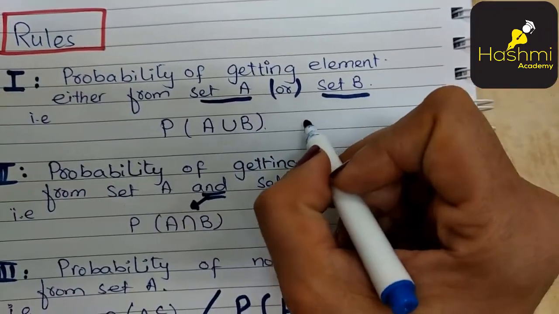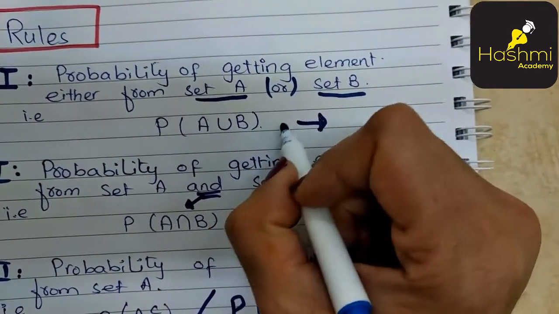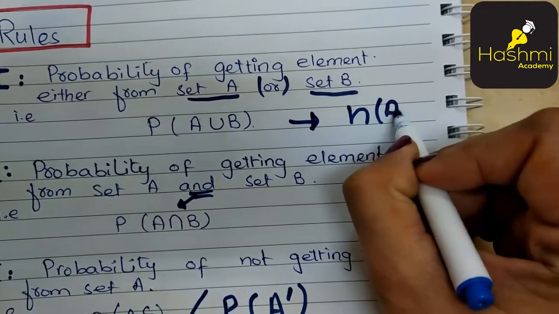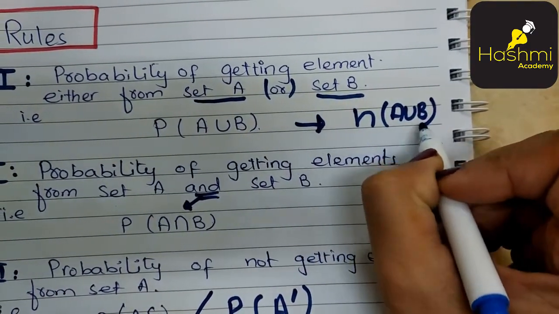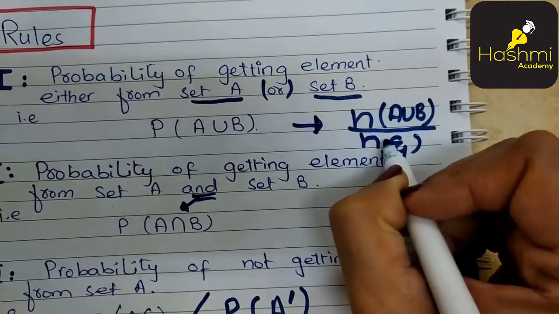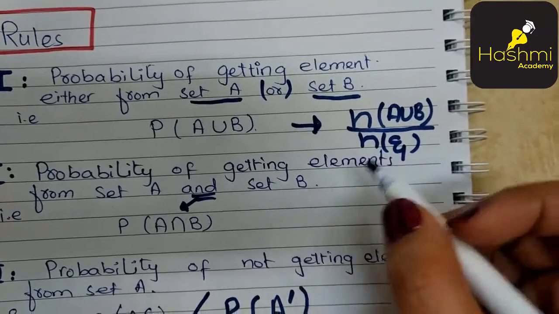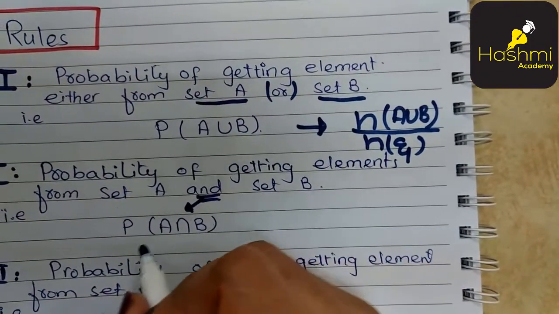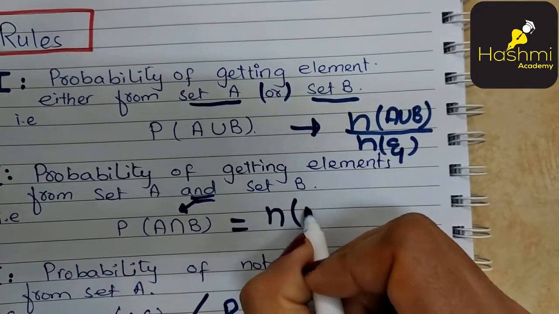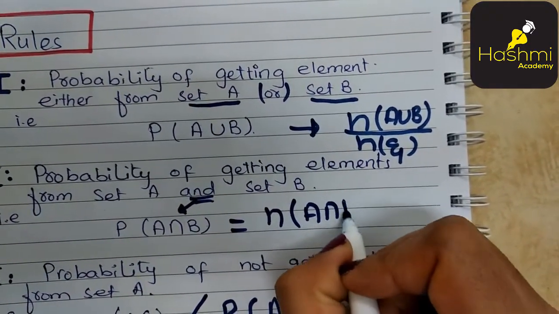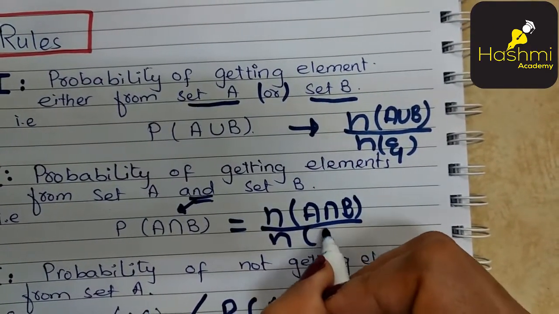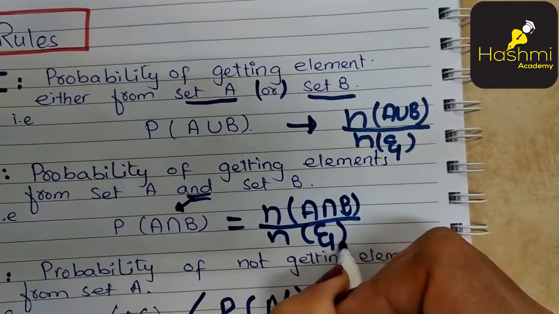And how do you get the probability of these sets? The probability of A union B you get by the number of elements in A union B divided by the number of elements present in the universal set. Do the same for the others. The probability of A intersection B means the number of elements present in A intersection B divided by the number of elements in the universal set.